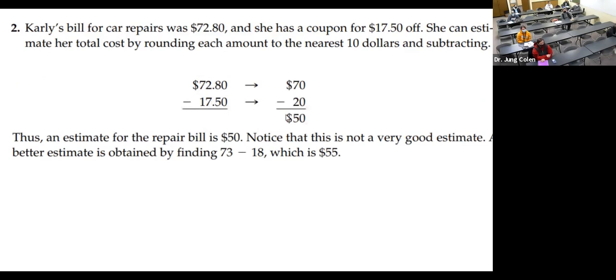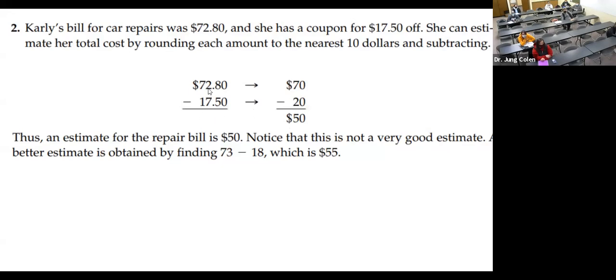So this number will be very, very far away from the actual amount, because you rounded the bill down, so you're paying less, but then the coupon, you rounded it up. So your actual amount should be much bigger than this one. So this kind of rounding is not really appropriate, right?